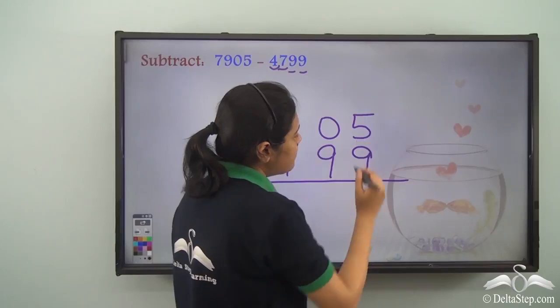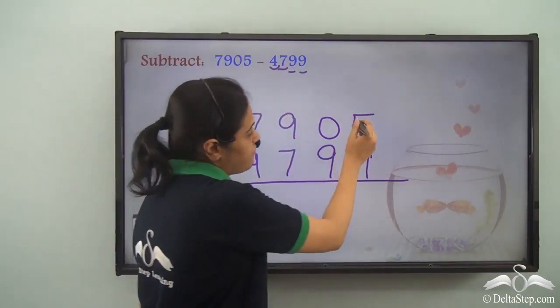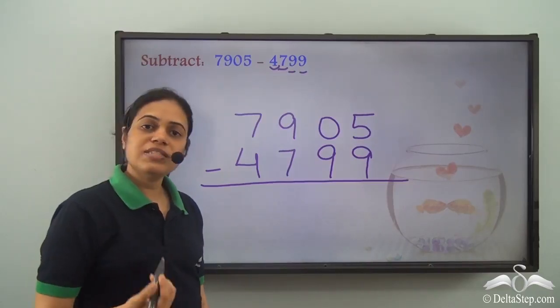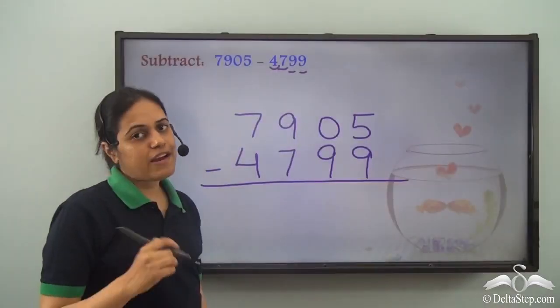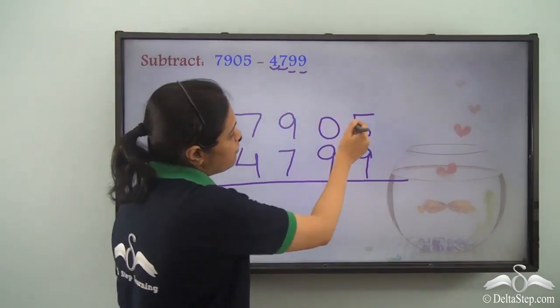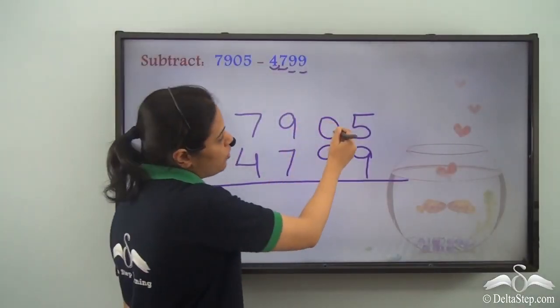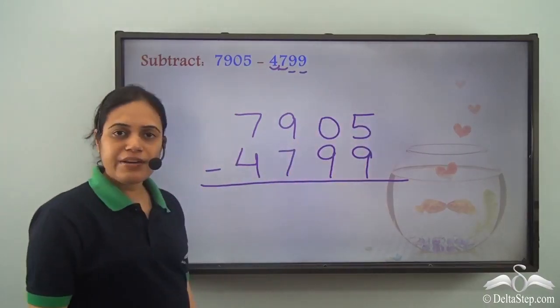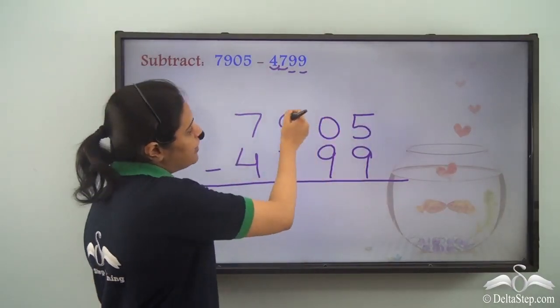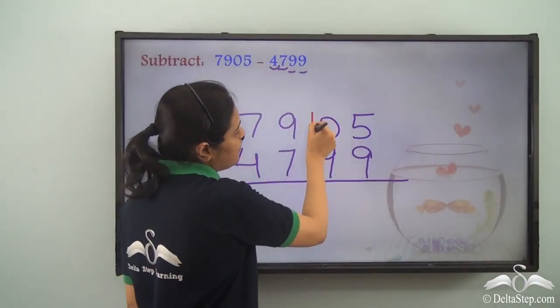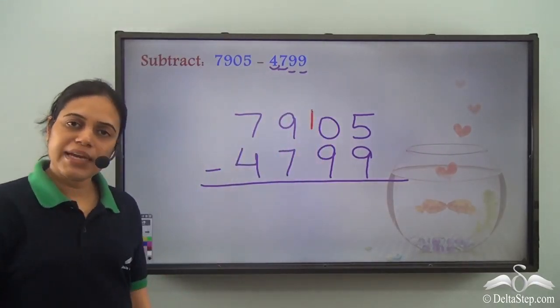So I start with the ones place. I have 5 minus 9. Now 5 cannot subtract 9 because 5 is smaller than 9. So 5 will try to borrow 1 from 0. But 0 cannot give 1 to 5. So 0 will try to borrow from 9. 9 gives 1 to 0 to make it 10.